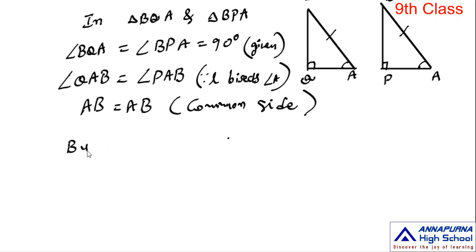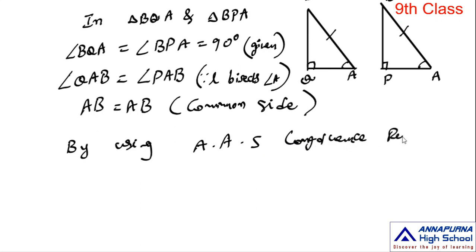Therefore, by using the angle side congruence rule, the triangle BQA is congruent to triangle BPA. These two triangles are congruent, so the corresponding sides are equal, the corresponding angles are equal, and the corresponding vertices are same.